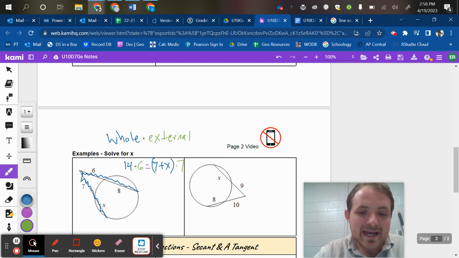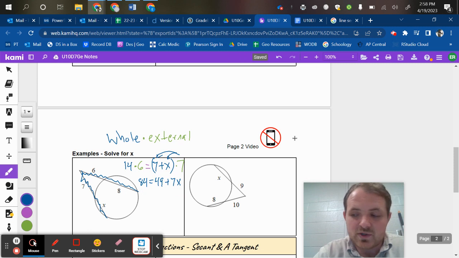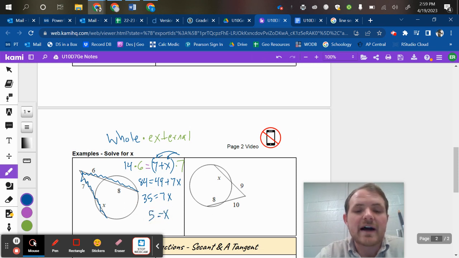So that will give you 84 from the 14 times 6. And then I'm going to distribute the 7 to be 49 plus 7x. Now it's just our two-step equation. I'm going to subtract 49 on both sides and get 35 equal to 7x. And dividing by 7, I get x equals 5.